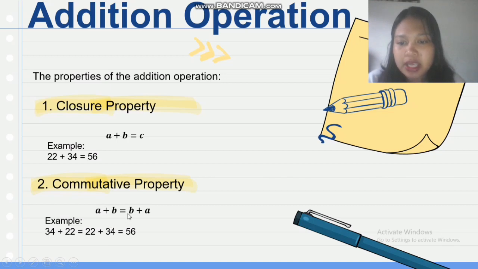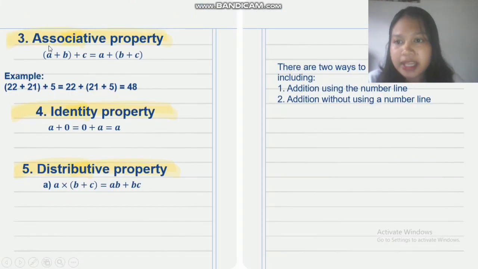A plus B equals B plus A. Example, 34 plus 22 equals 22 plus 34 equals 56. 3. Associative property. A plus B plus C equals A plus B plus C.